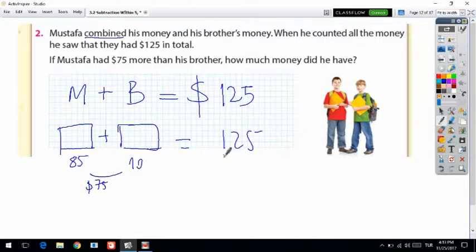So how can I get 125? If I write here 25, then $75 more than that is 100. So $100 plus $25 is equal to $125. So your answer is $100. Mustafa has $100.